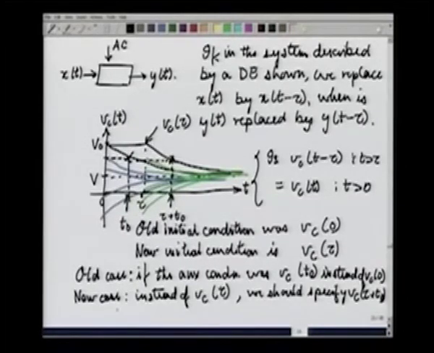In short, Vc of t naught when the input is x t is the same as Vc of t naught plus tau when the input is x t minus tau.